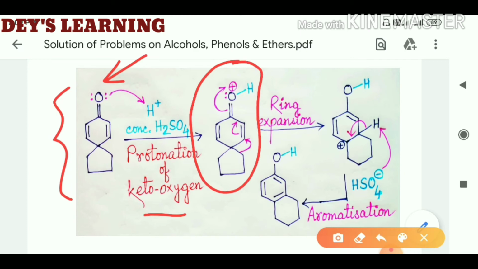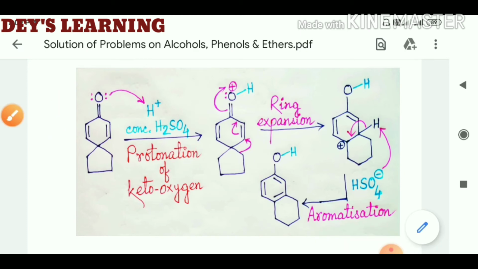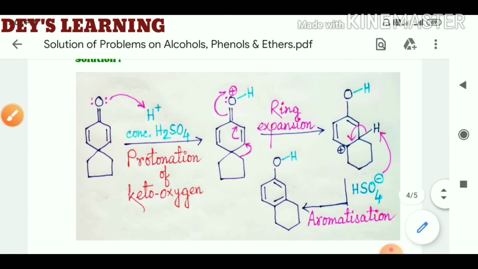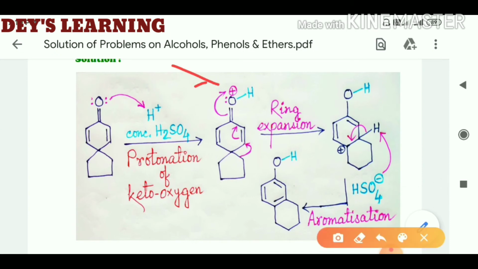As a result of protonation, the electron withdrawing capacity of the oxygen atom is increased, and it will withdraw electrons from here, and of course the electron pull will be from this side towards oxygen.